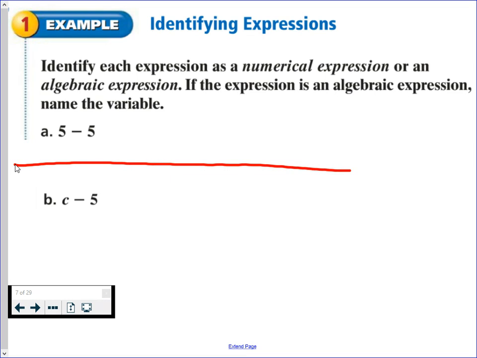These two would be a really good thing to write down as an example. I see 5 minus 5, and I see C minus 5. This would be a good place to pause and see if you can identify them.